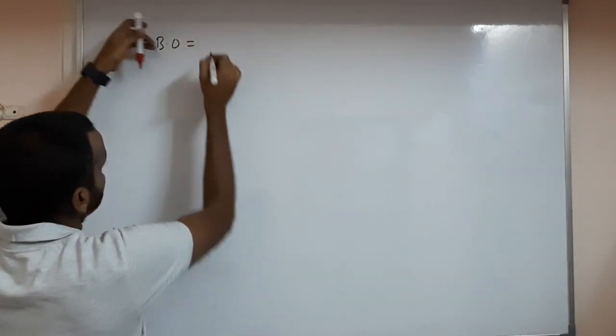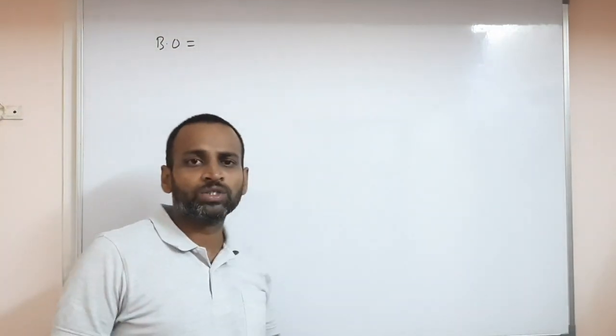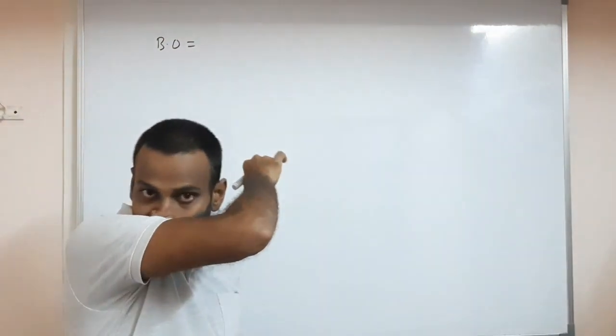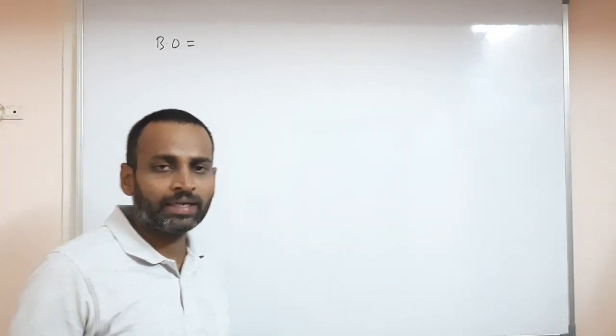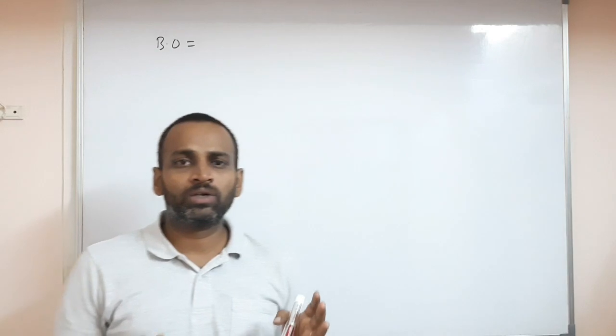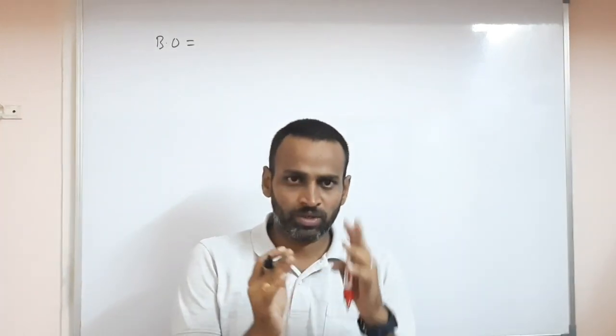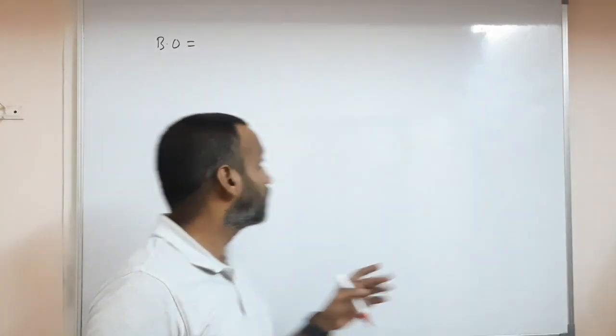Bond order means the total number of bonds present between two atoms in a molecule. In a molecule, how many total bonds are possible between two atoms? That is called bond order.